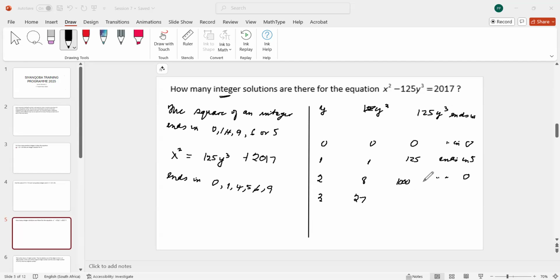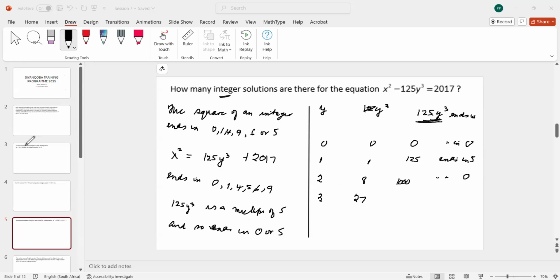And 125 times 27, oh, but you know what it's going to end with, because this is a multiple of 5. So the multiples of 5 end in 0 or 5. In fact, I don't have to do all these things. At this place here, I can say 125 y cubed is a multiple of 5, and so ends in 0 or 5.